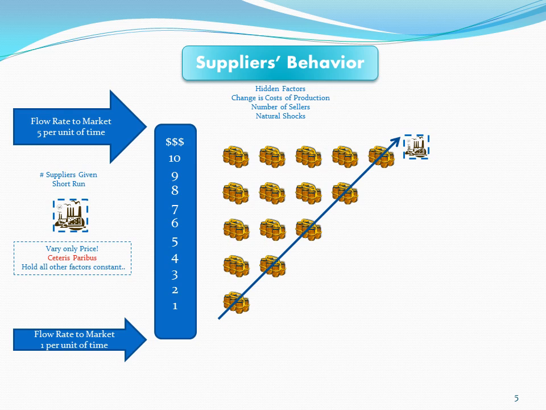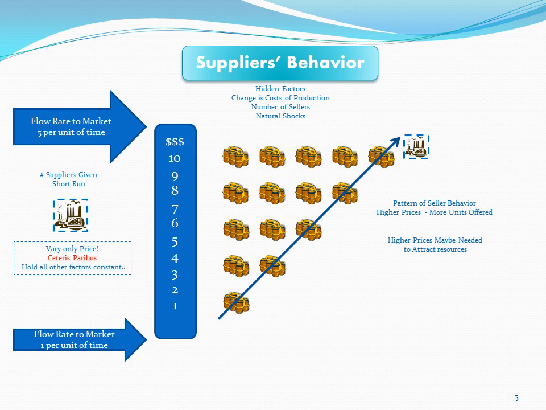Now, why would this be the case? Well, it probably just has intuitive appeal to you that this relationship is in place. But one reason could be that in order to fulfill the production of 2 units, 3 units, 4 units, 5 units, additional resources are needed.